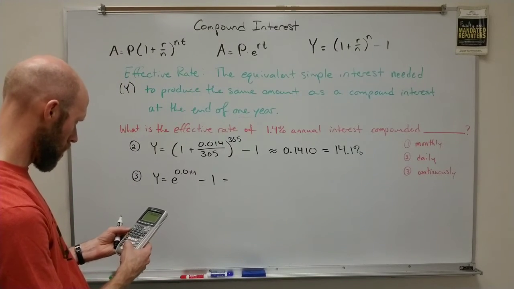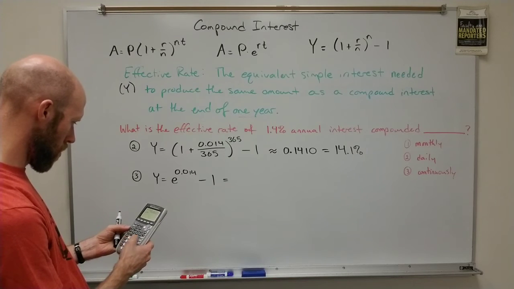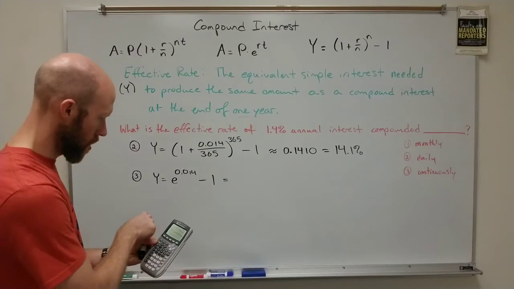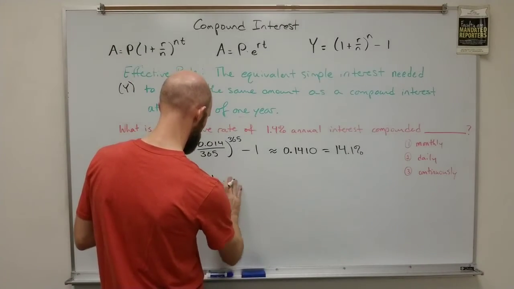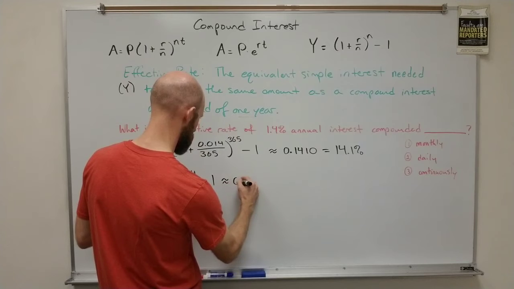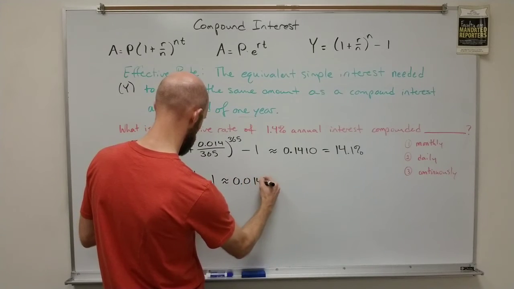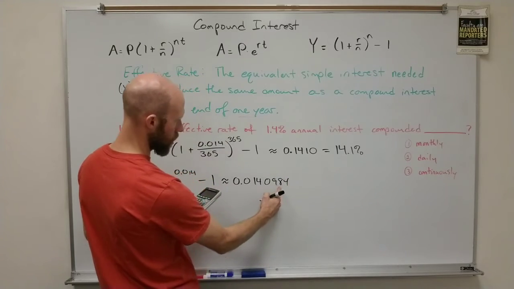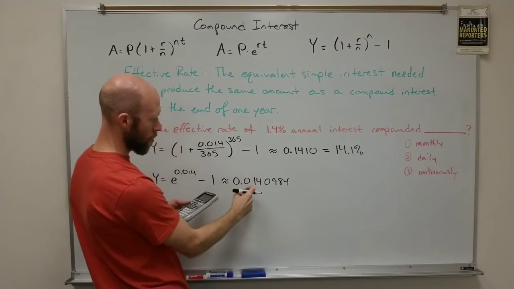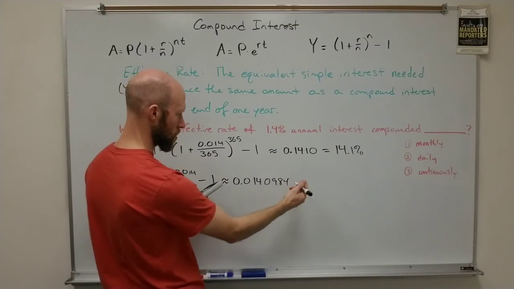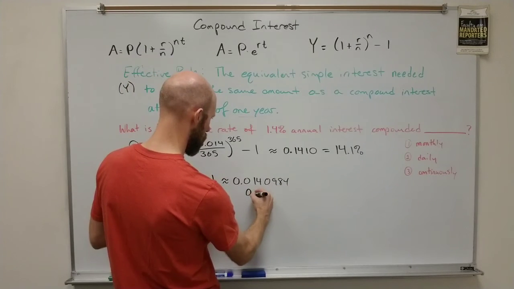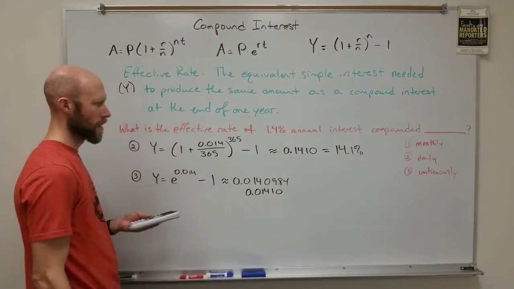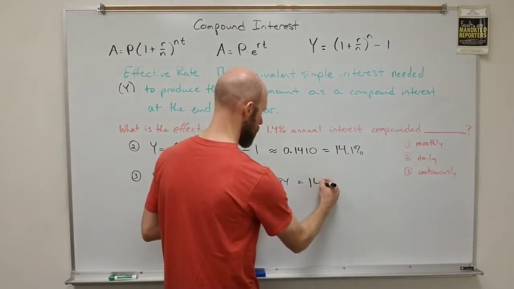Yeah, that works out nicely. It turns out to be approximately 0.0140984. So it actually went up a hair, but if I round to the same decimal place, it actually doesn't change. It's 0.01410, again.